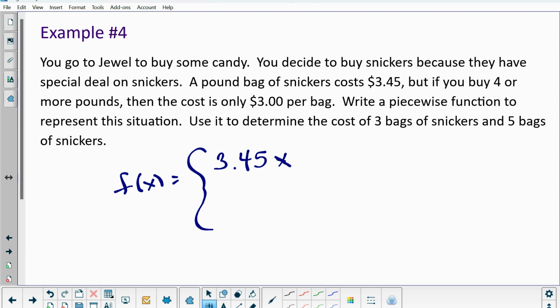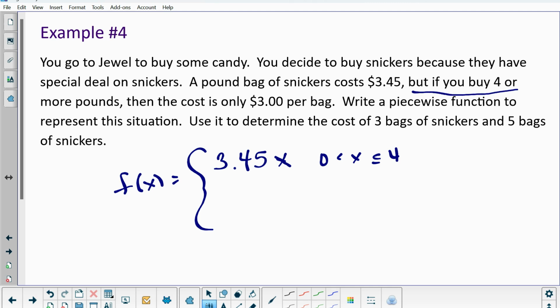And that's a pound bag. So it's $3.45. But this is only if you buy less than, between 0 and 4 pounds, right? So we'll say, okay, so between 0 and 4 pounds.